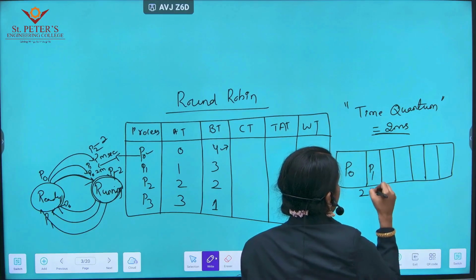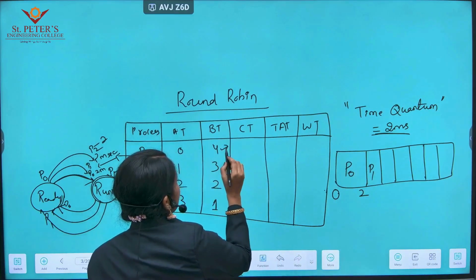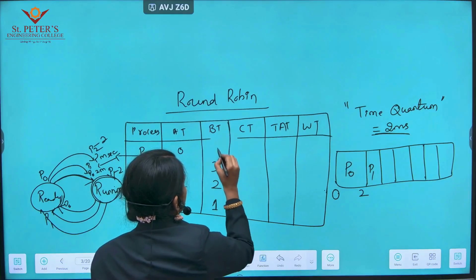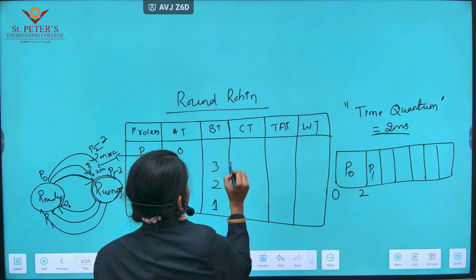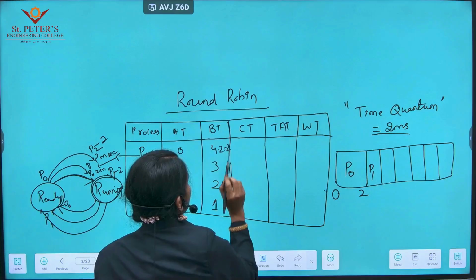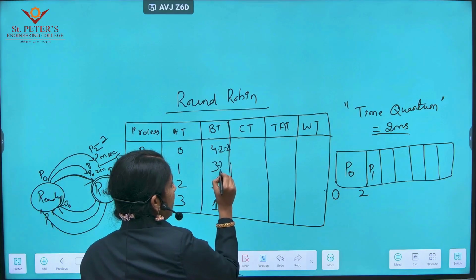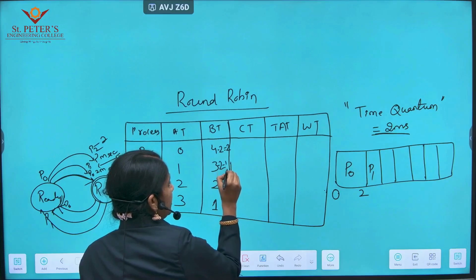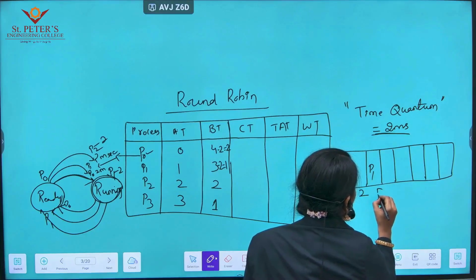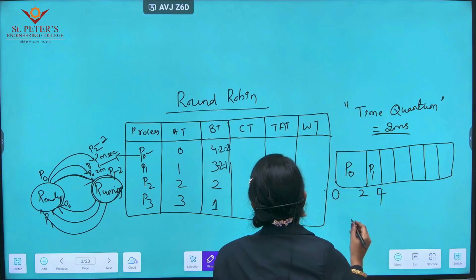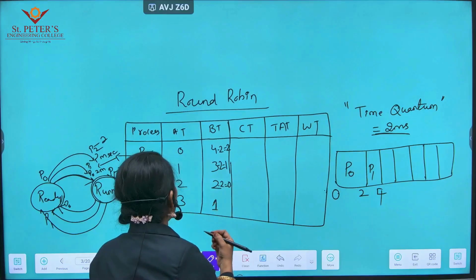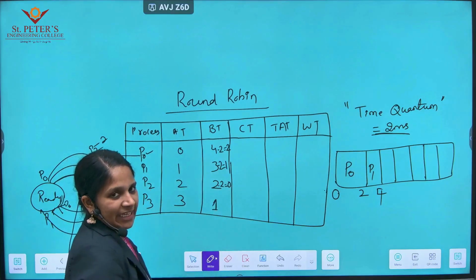P1 came. For P0, the burst time is 4, so 4 minus 2 leaves 2 milliseconds. For P1, 3 minus 2 is 1. So it takes 2, and 2 plus 2 is 4. Next, P2 also takes 2 milliseconds: 2 minus 2 is 0, meaning P2 has been totally executed.